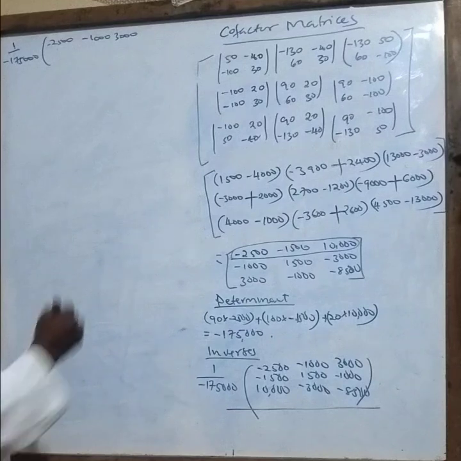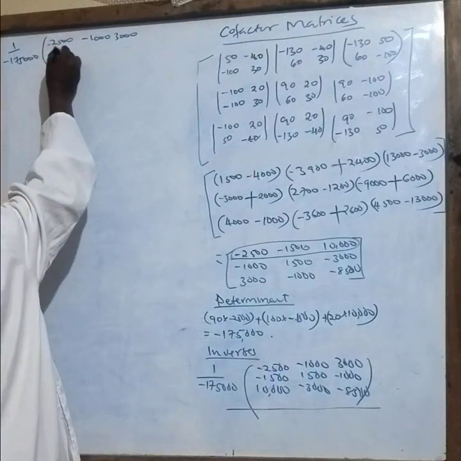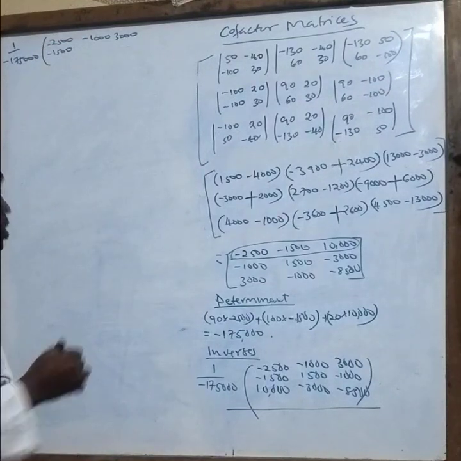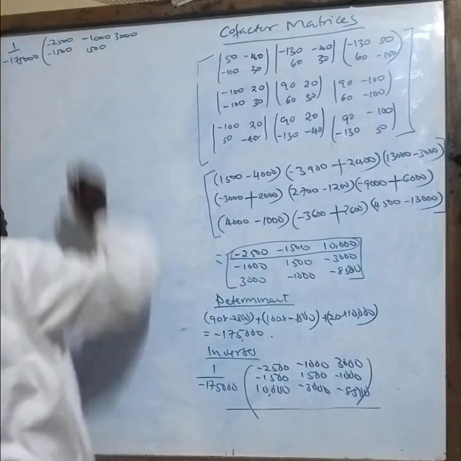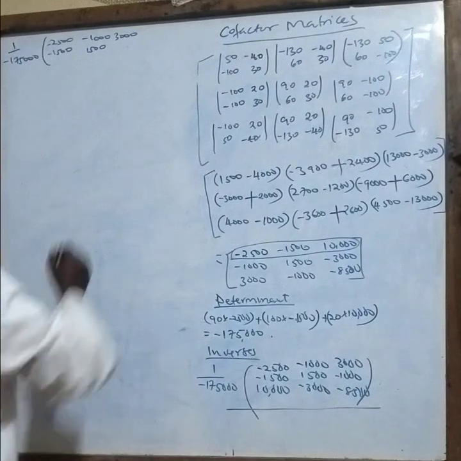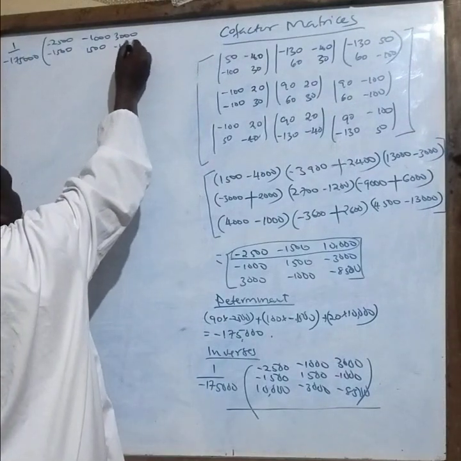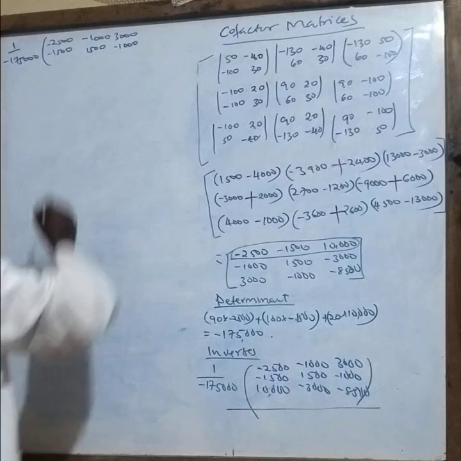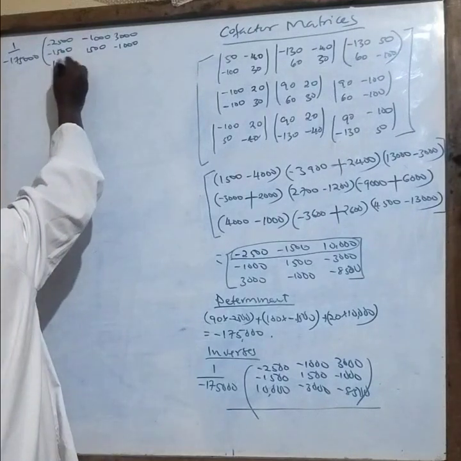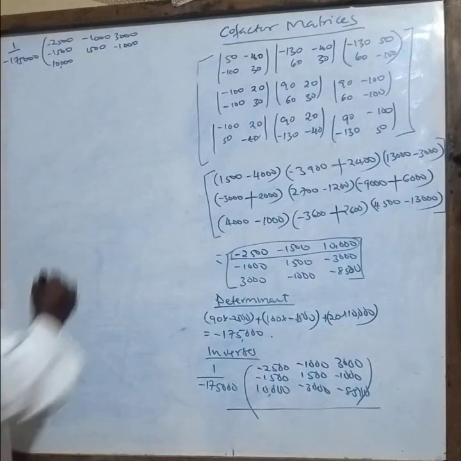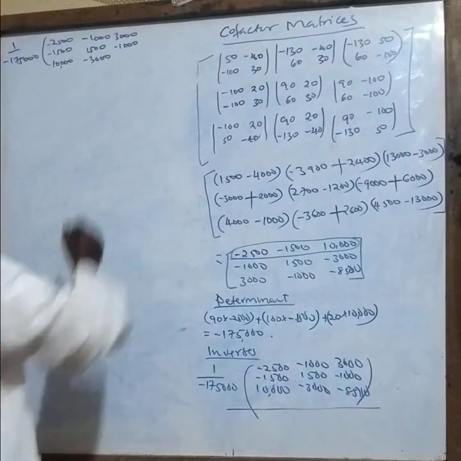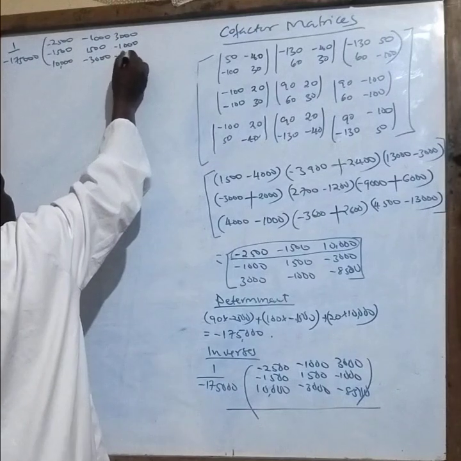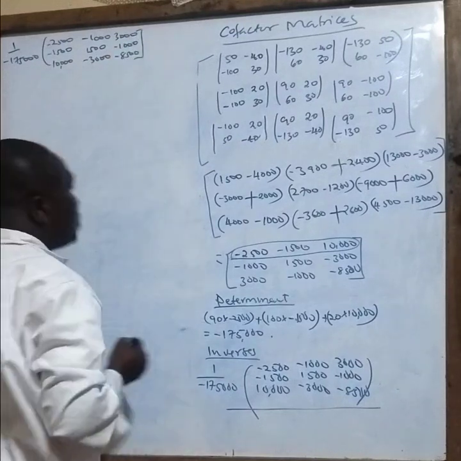The second column is negative 1,500, positive 1,500, and negative 1,000. And the last one will be 10,000, negative 3,000, then negative 8,500, like that.